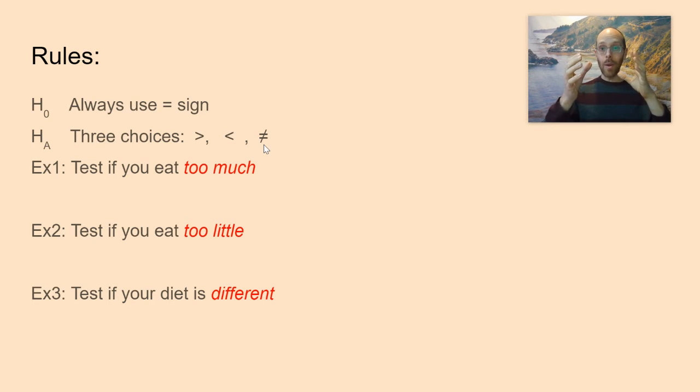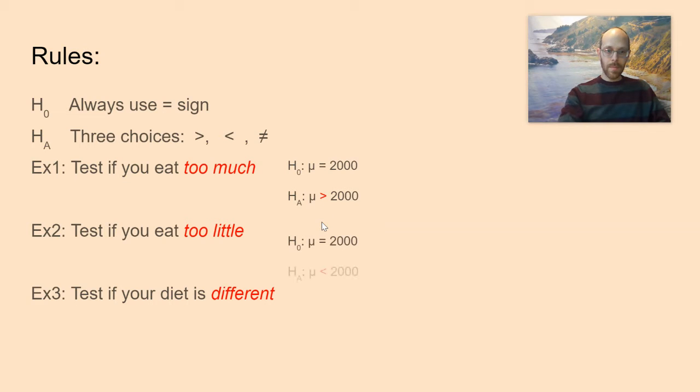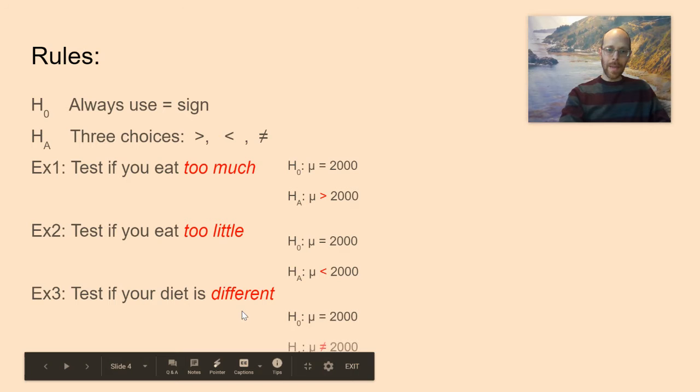Can you guess which symbol goes which thing that we're testing? So too much would be the mean is greater than 2,000. Too little would be that the mean is less than 2,000. Different would be that the mean is just not 2,000.